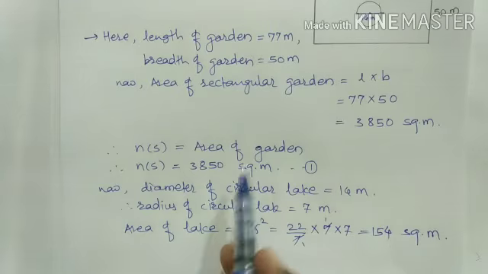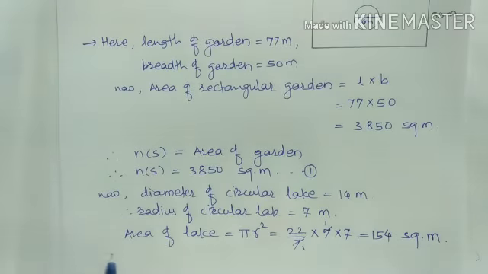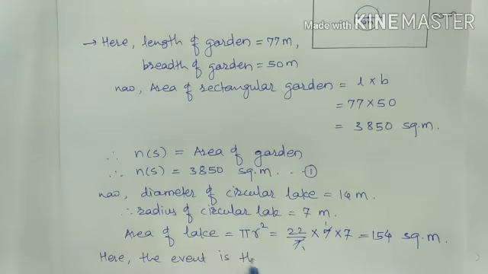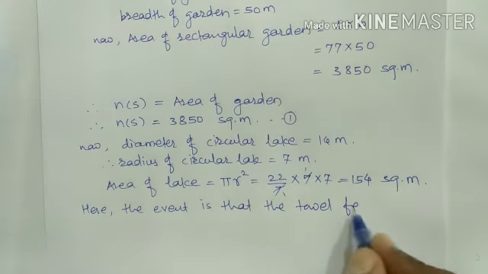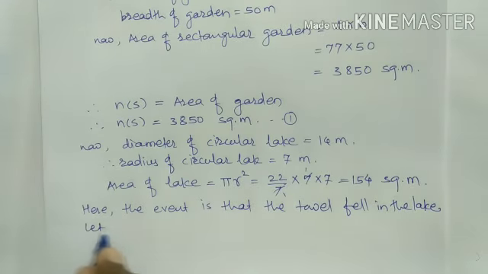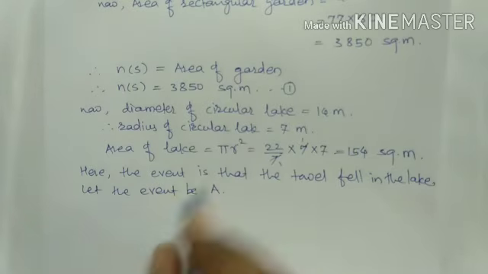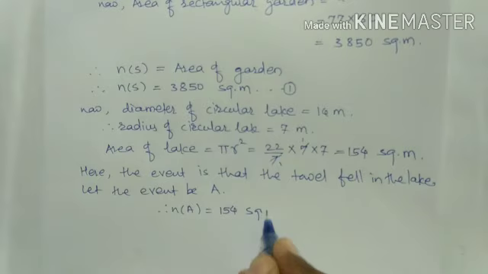Here we have to find the probability of the event that it fell in the lake. Here the event is that the towel fell in the lake, and let the event be A. Therefore n(A) equals the area of the circular lake, that is 154 square meter.